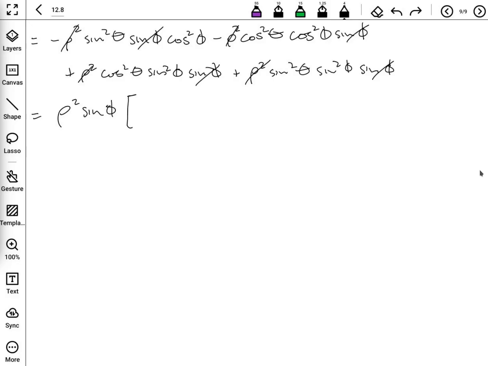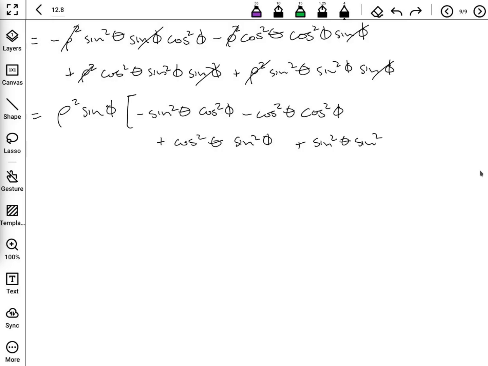Inside I've got my minus sine squared theta cosine squared phi, minus cosine squared theta cosine squared phi, plus cosine squared theta sine squared phi, plus sine squared theta sine squared phi.